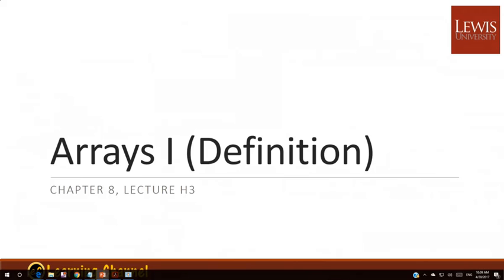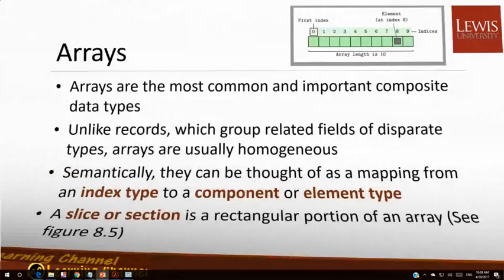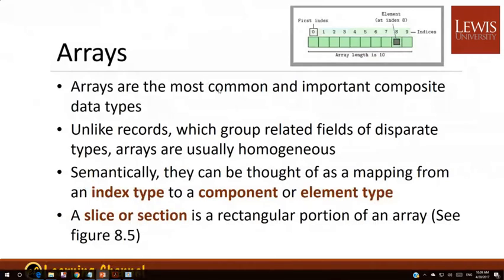So now let's look at the definition for arrays. After arrays, we will finish up this part. Arrays are the most commonly used and important composite data type. An array has an index, and for some languages the index starts from 1, and for some it starts from 0.